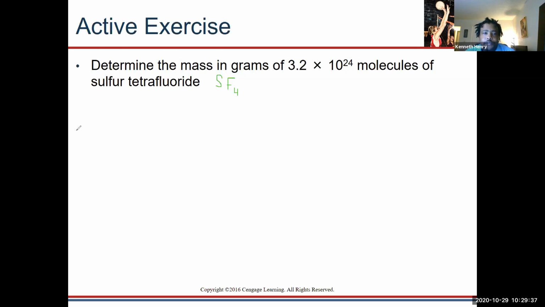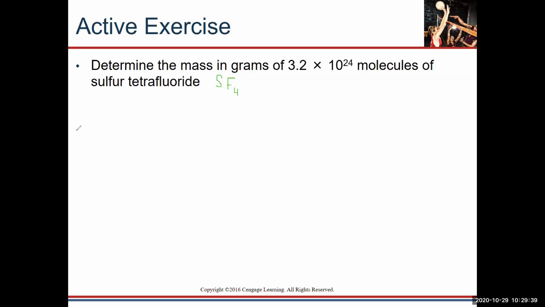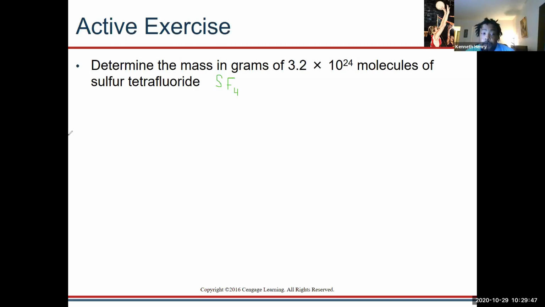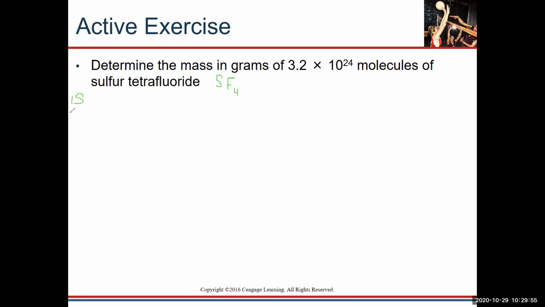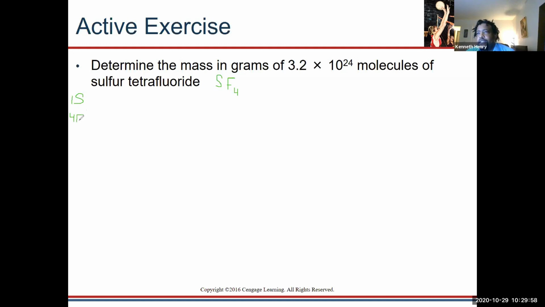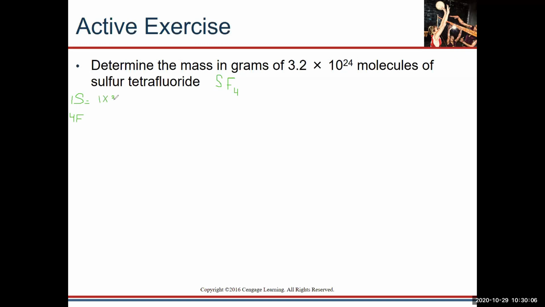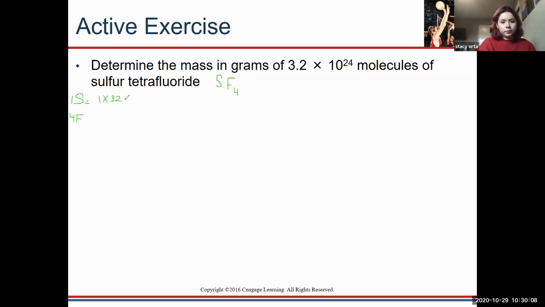So what are we going to do next? Calculate the weight for the sulfur and the fluorine. So molar mass. Okay, so let's calculate the molar mass. We have 1 S and 4 F. What was the mass of S again? 32.06.